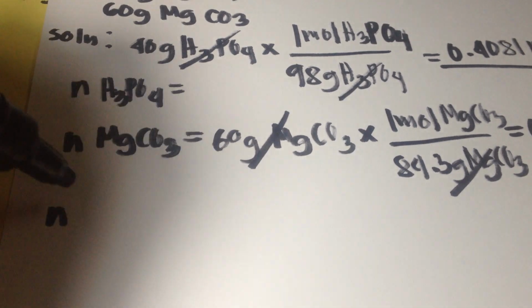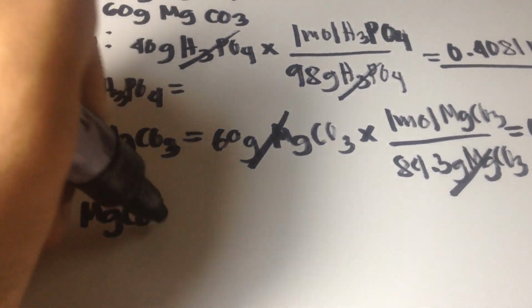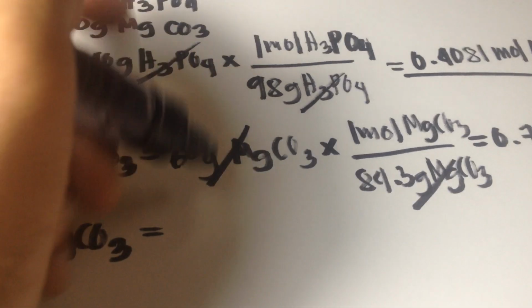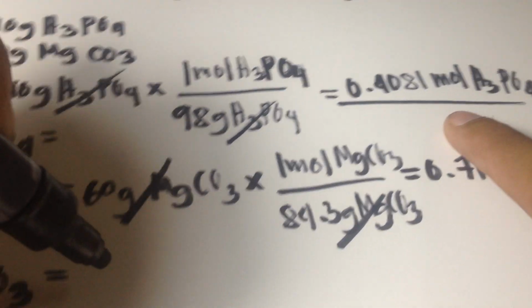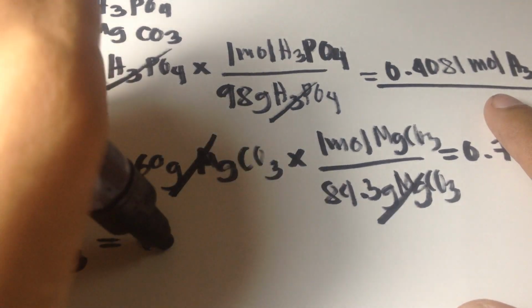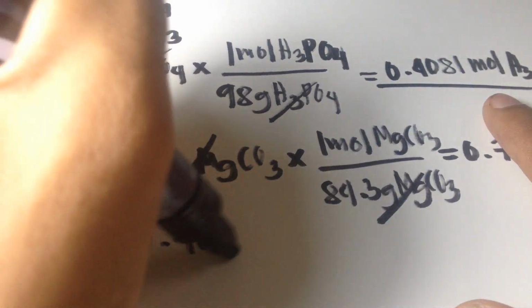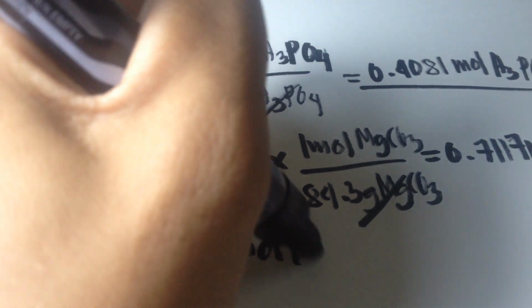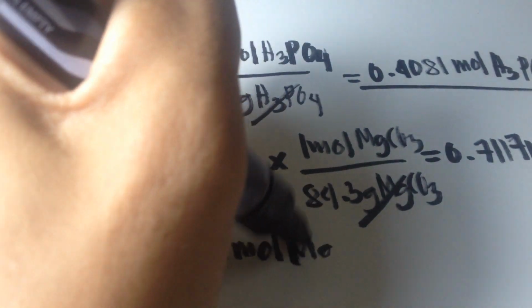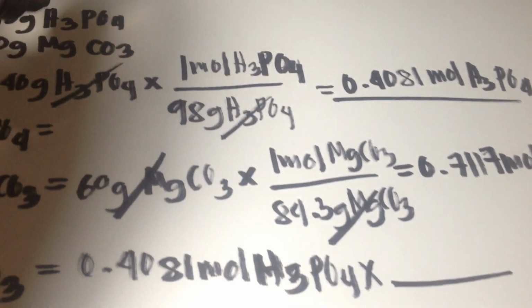So 0.4081 moles of phosphoric acid times the ratio.